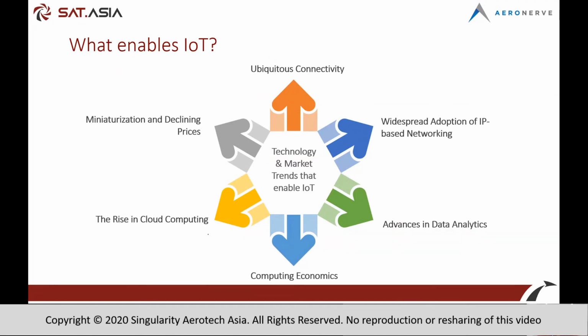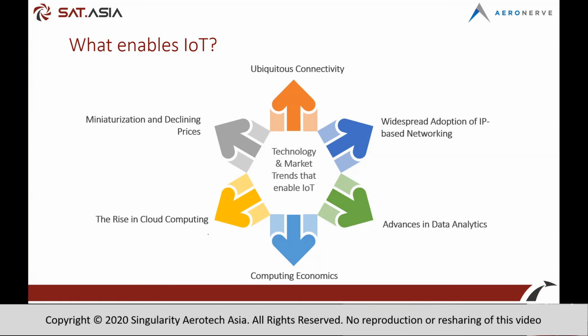Okay, there are 6 factors, whether it's technology or market trends, that have been key in enabling IoT. Number 1 is ubiquitous connectivity. So ubiquitous means what? Anytime, any place, anywhere. Right?